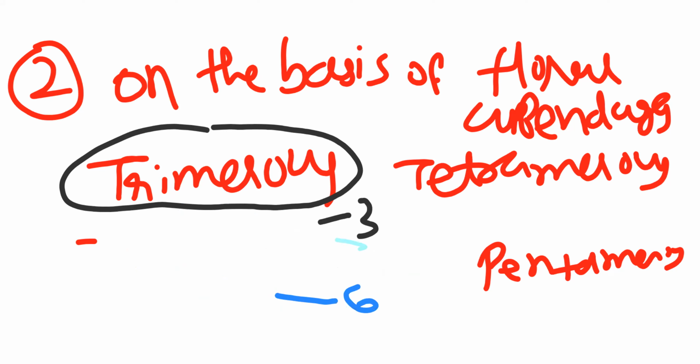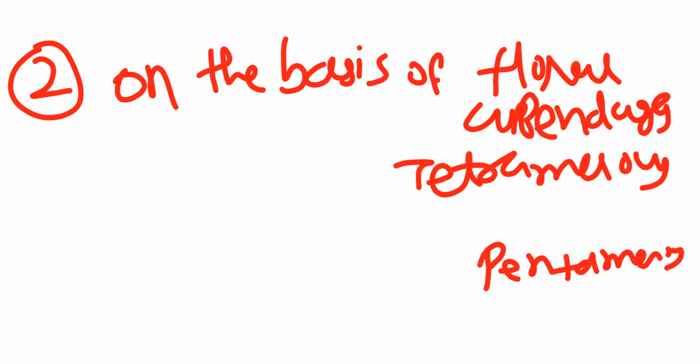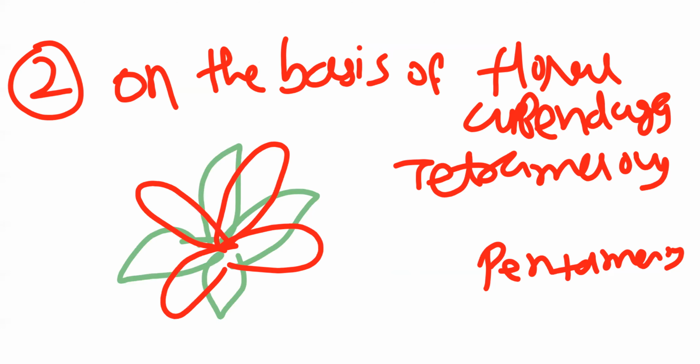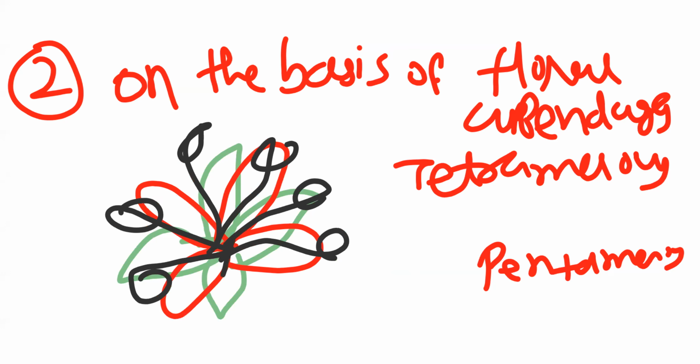Tetramerous, first one is a trimerous. Second, that's a tetramerous. So tetramerous, in that 4, that's a multiple of 4. So 4 sepals are there. Then next 4 petals. Then 8 stamens are there. 1, 2, 3, 4, 5, 6, 7.